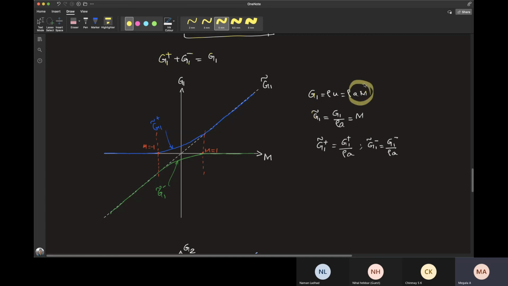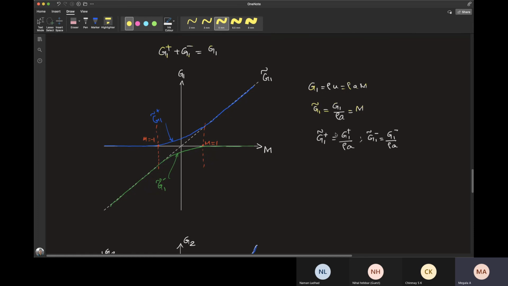G1 is rho a m. Let's consider another variable G1 tilde, which is G1 by rho a, which is going to be m. This change in variable is done to get a 45-degree line over here. If we have this rho a as a coefficient, then we won't be getting a 45-degree line. Instead, we'll be getting a line of some other angle. Since we need a nice picture to understand what's happening clearly, we are doing this variable change.